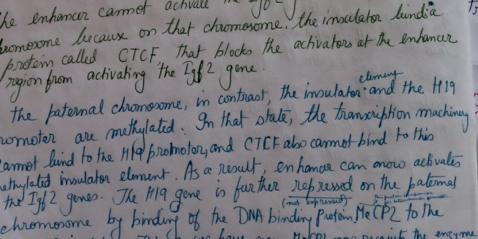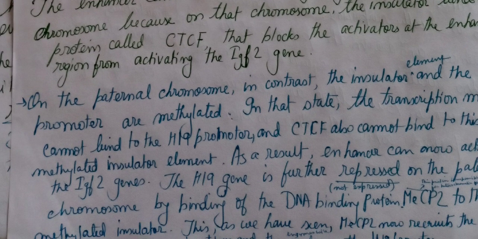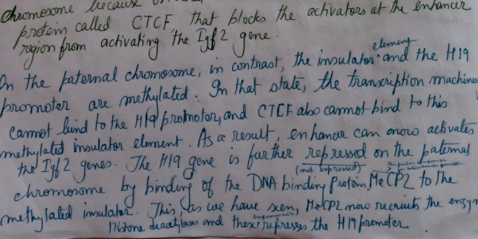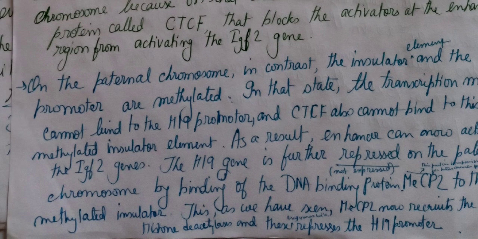CTCF also cannot bind to this methylated insulator element. So due to methylation at the insulator region and at the H19 promoter region, the transcription machinery cannot bind, and CTCF protein also cannot bind. As a result, the enhancer can now activate the IGF2 gene.